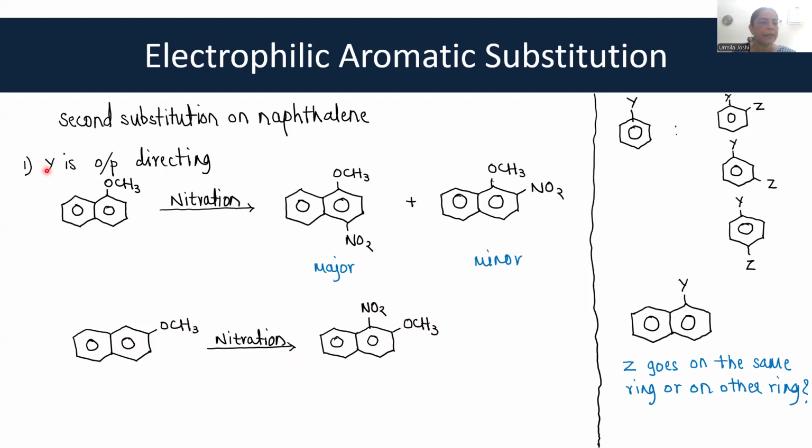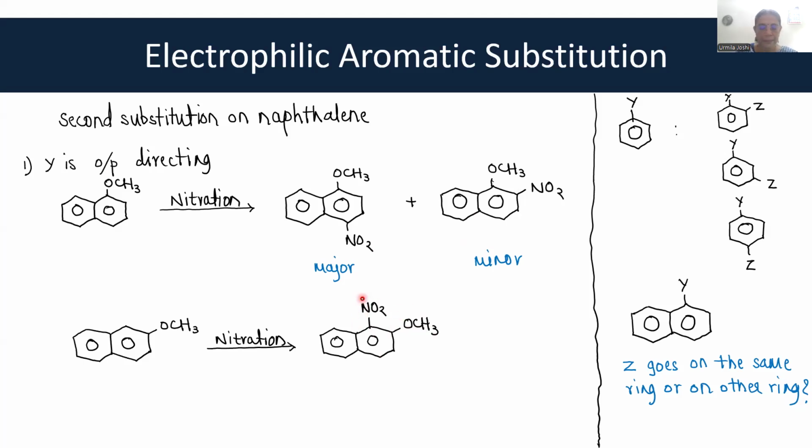Remember that when there is an electron donating or ortho-para directing substituent already present on the naphthalene ring, the second or incoming group also goes on the same ring, either at position 4 or at position 2. Here, the 4 position is not available, so it goes to position 1.